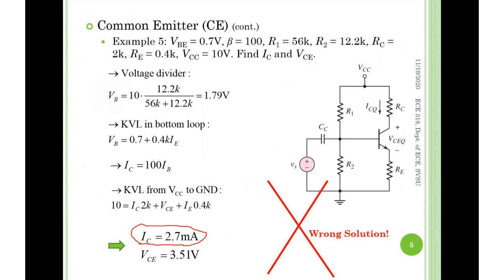Why is it not terribly different? Can anyone tell why this wrong answer and right answer are not terribly different? Anyone can tell why? Oh, very good. Okay, Kevin is right because IB is small.